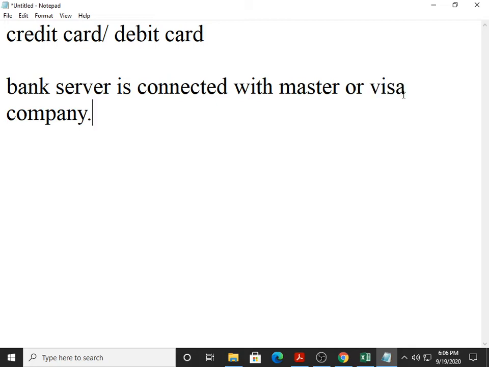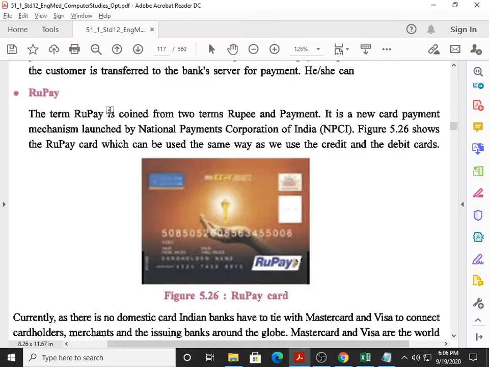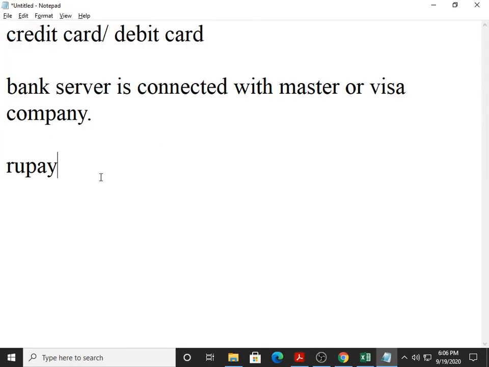So what is the solution? The Indian government decided that MasterCard and Visa card companies produce the card and give it to the bank, and the bank gives it to the customer. Let's do it ourselves. An Indian company started the RuPay card. The RuPay card is an alternative to MasterCard and Visa card.